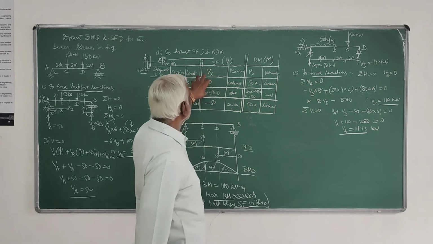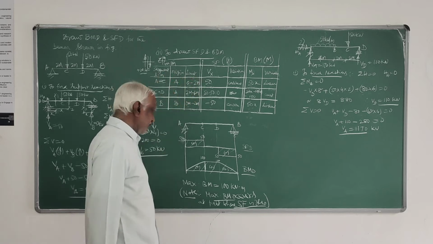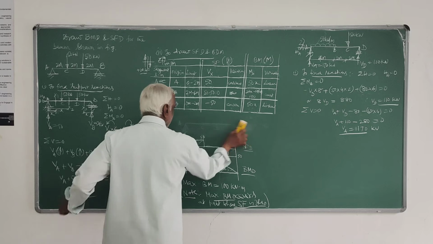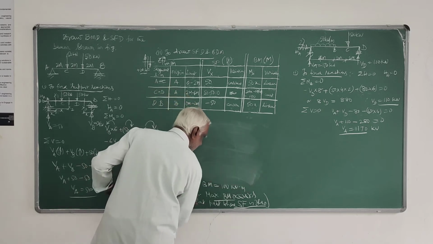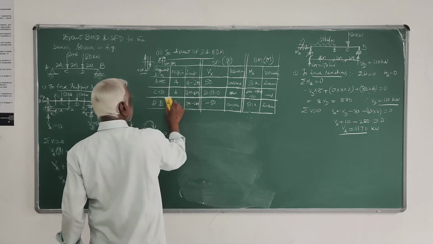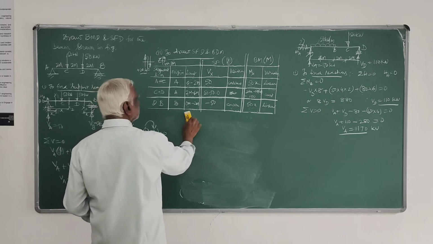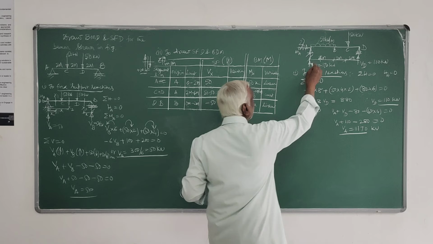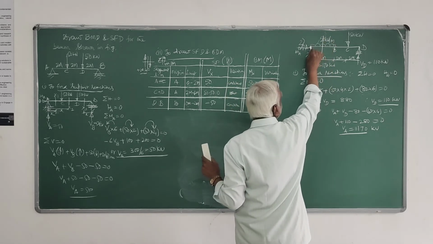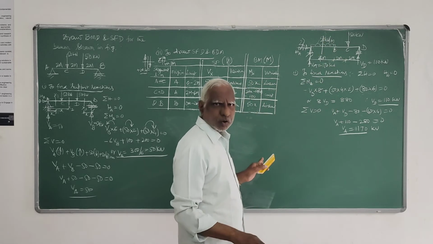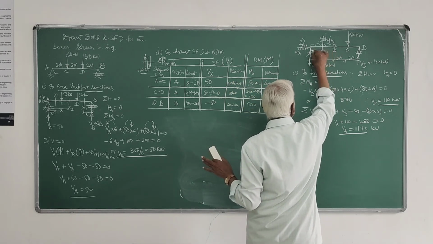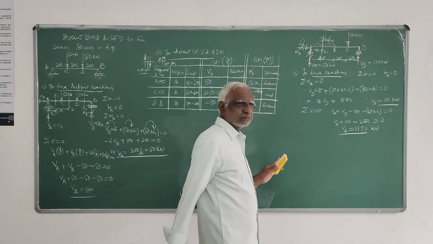Then you prepare this table to draw the BMD and SFD. You can plot that in a similar fashion, taking the same table. From A to B, only one type of flow, so one section is enough. I will measure the distance towards left.